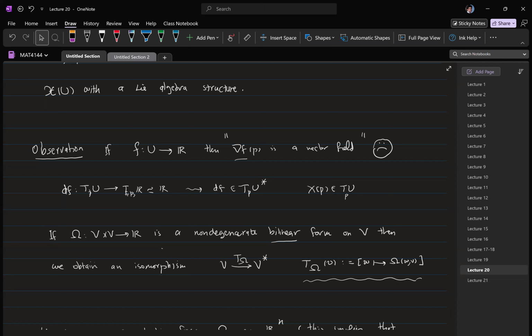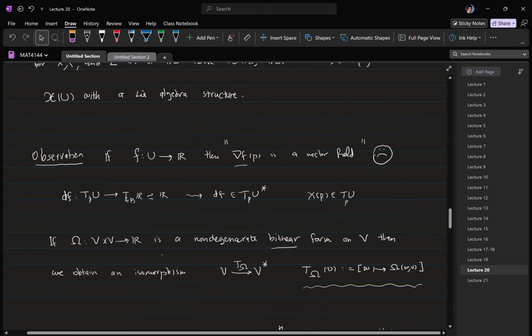But for this to make sense, or rather be canonical, you need to construct vector fields from functions, or more precisely from derivatives of functions, in a canonical fashion. And this basically means you have to identify the tangent space to the domain and its dual in a canonical way.